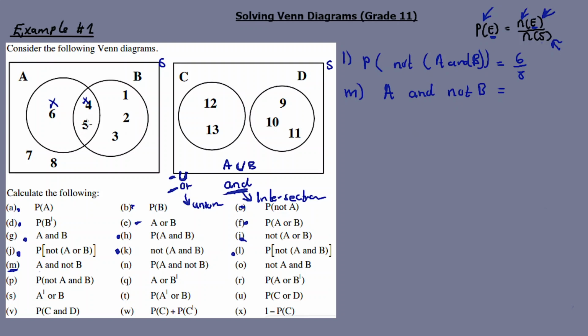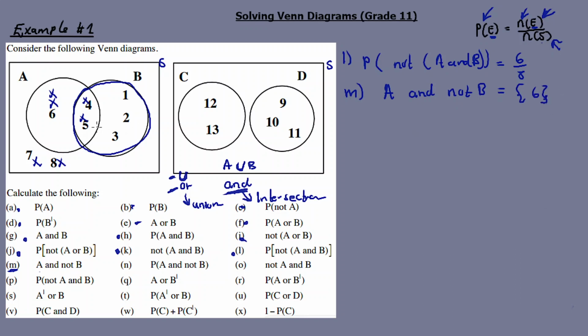A, A, A. So these are the outcomes within event A, not B. This is B, not B. It's 1, 2, 3, right? So our answer is going to be 6 only.